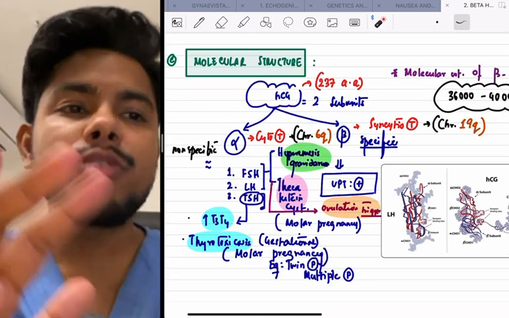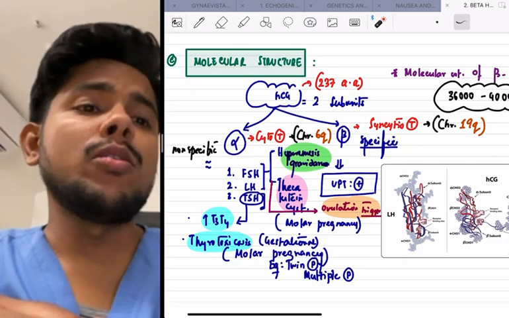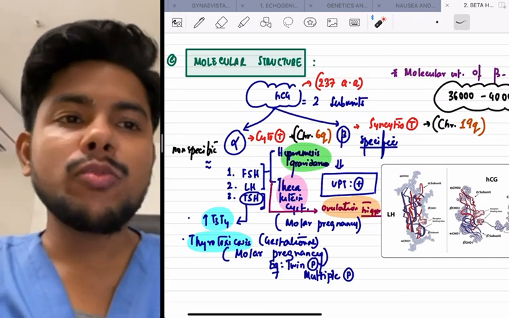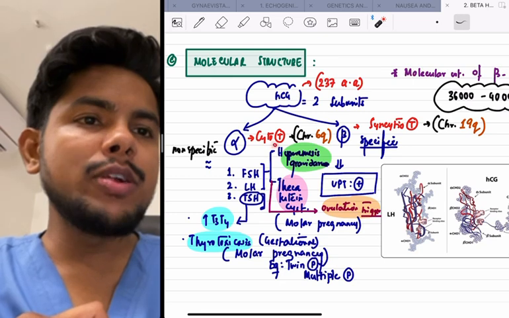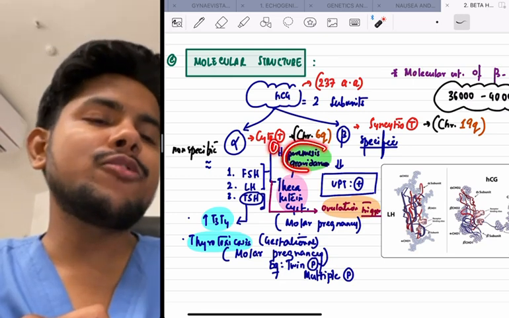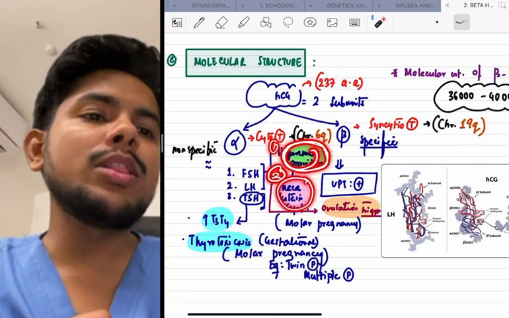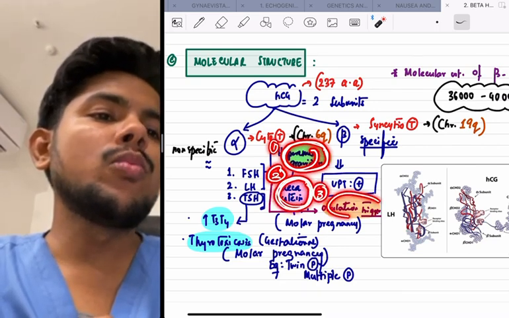They have similar structure, non-specific. Now it has got 3 very important clinical implications. What are those? First one is hyperemesis gravidarum. Second one is bilateral theca lutein cyst, and third one is ovulation trigger.